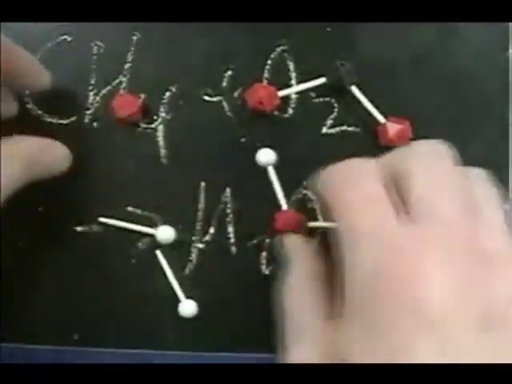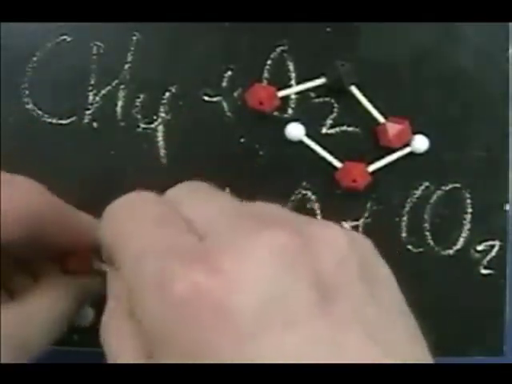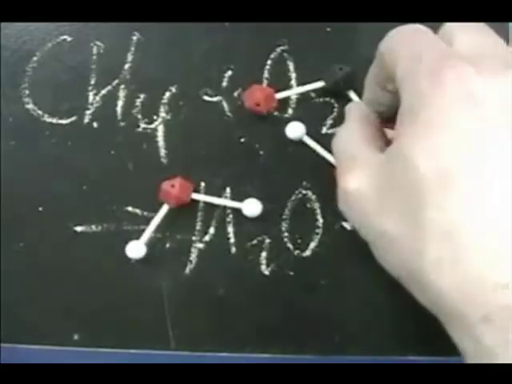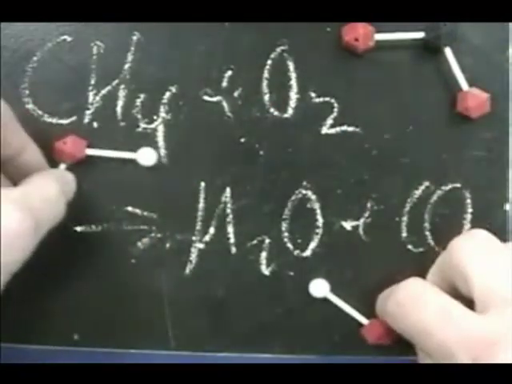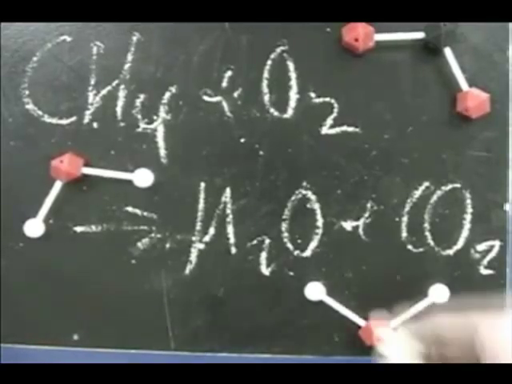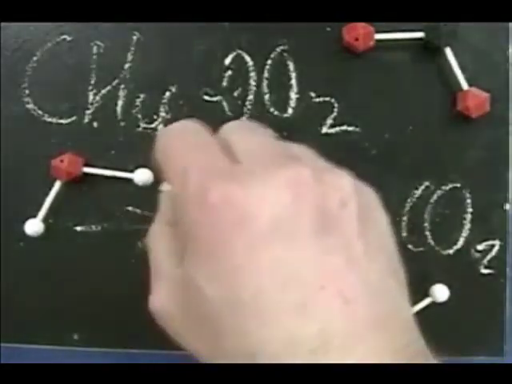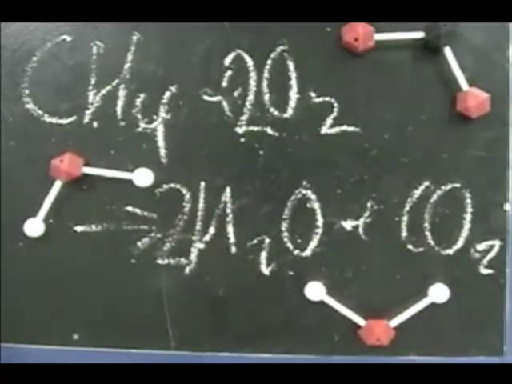Well, with 4 hydrogens, that's just enough to make 2 water molecules. There are my products, carbon dioxide and water. So clearly, to balance this, to make it work like nature really would work, I need to start out with 2 oxygen molecules, and I'm going to end up with 2 water molecules.